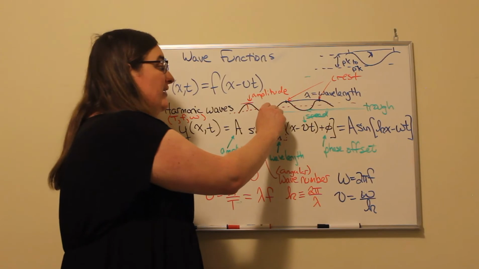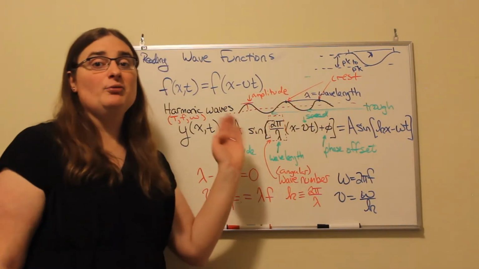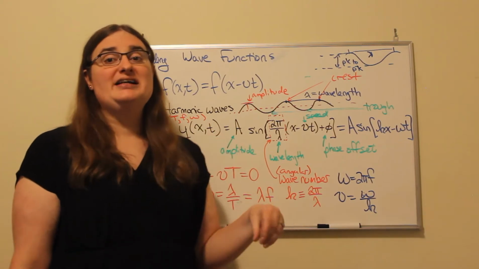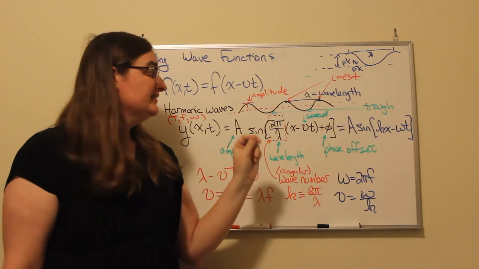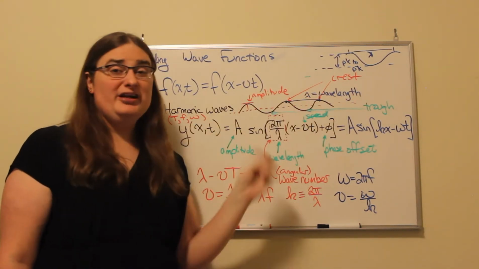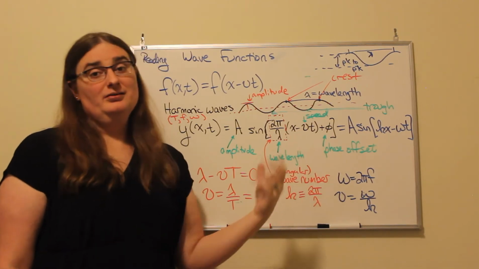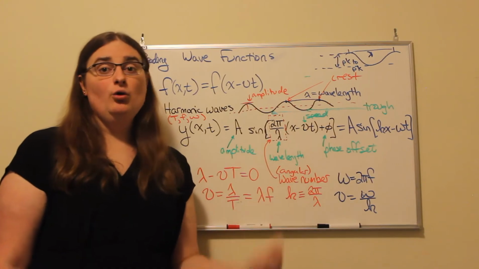Every point on the wave where it's at equilibrium and rising is going to be the same distance away from the next point where it's at equilibrium and rising. All points on this wave repeat at a distance that we call the wavelength, and the symbol we use is the lowercase Greek letter lambda, the lowercase Greek letter L for length, the length of a wave.